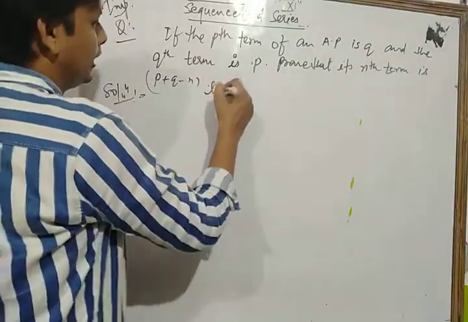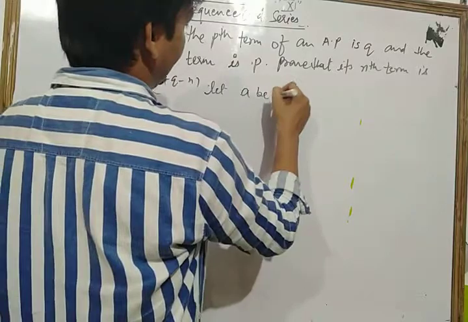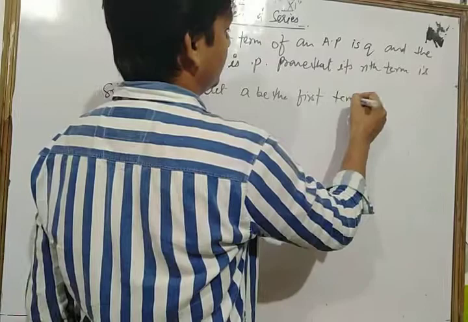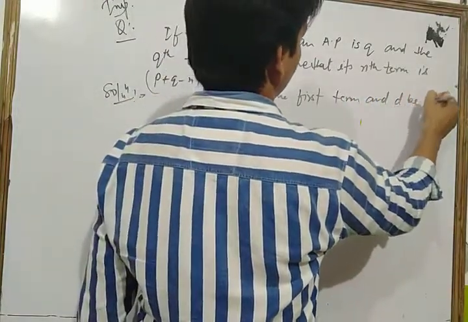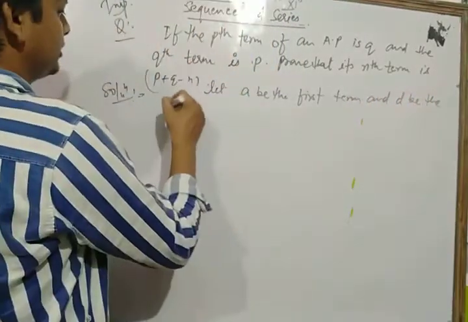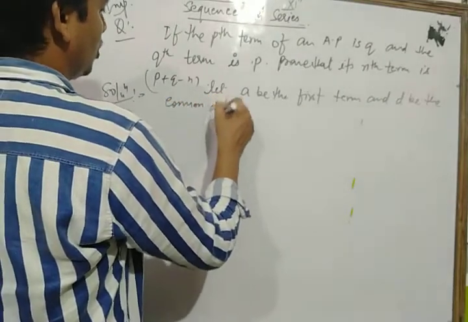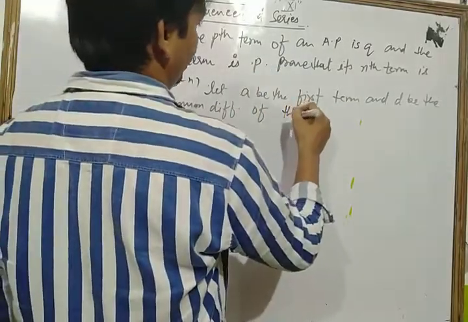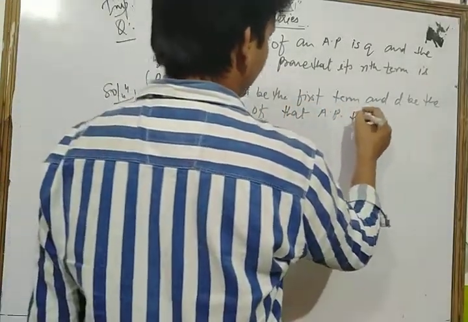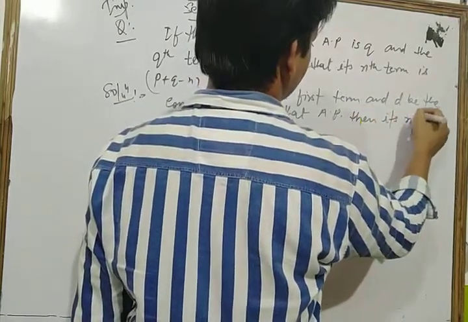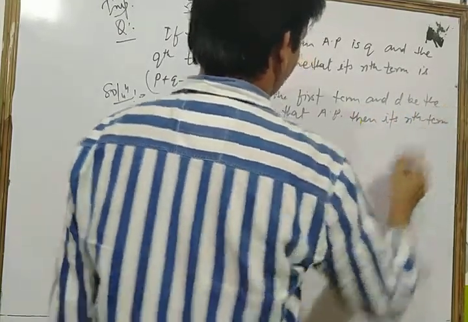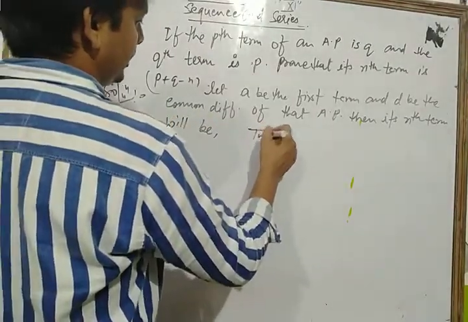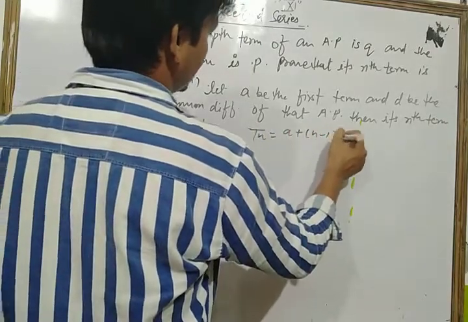First of all, let a be the first term and d be the common difference of that AP, then its nth term will be Tn is equal to a plus (n minus 1) into d.